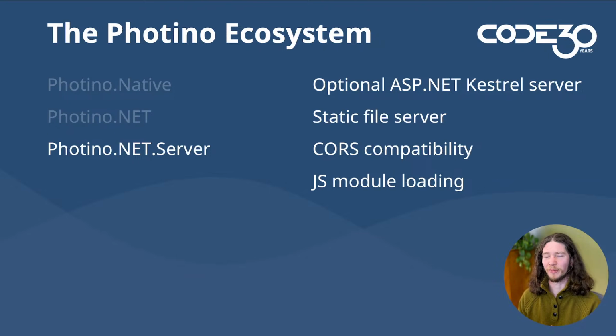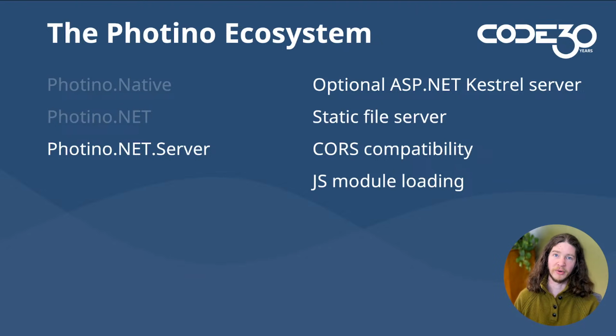We have an optional Photino.net server package, and this is a Kestrel server that we've set up for static file serving. If you use something like Vue or Angular or React, you usually have dynamic JavaScript module loading, and that does not work from a file path. So you need an HTTP server in the background serving all of those files.